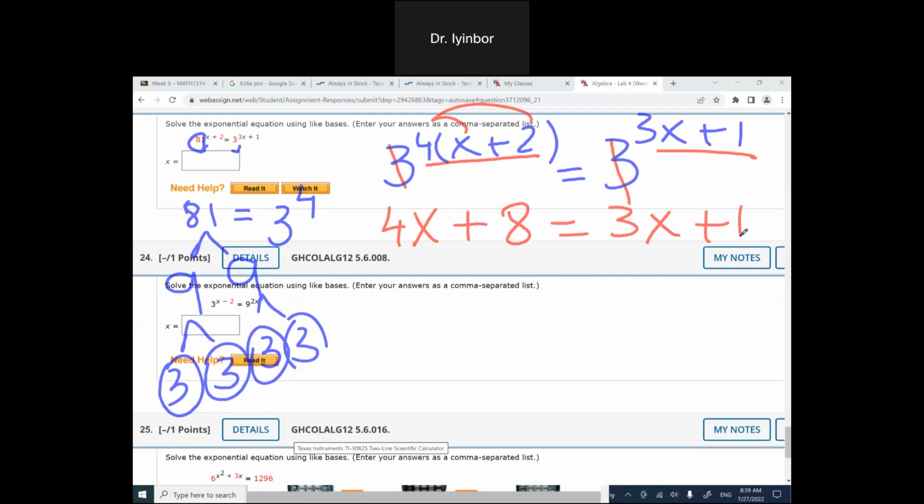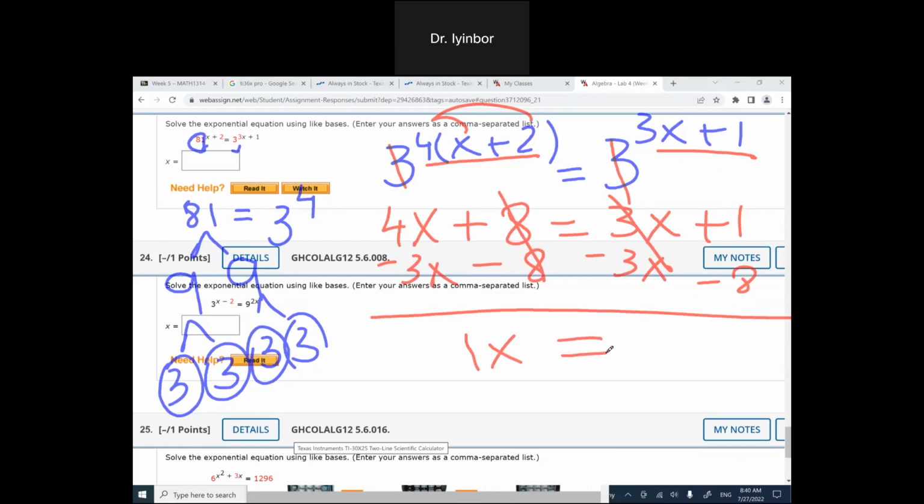It's a linear equation. So you have to get x's on one side, the numbers on the other side. You know how to do that. So I'm going to subtract 3x, minus 3x, this cancels. And also I'm going to move 8 over, so minus 8 and minus 8 on both sides. So what I get is 4x minus 3x is 1x equals 1 minus 8 is negative 7.